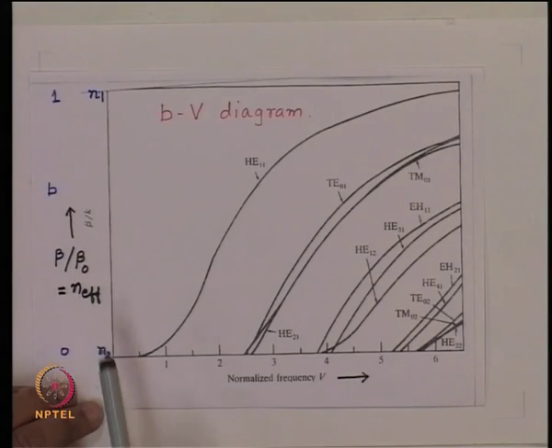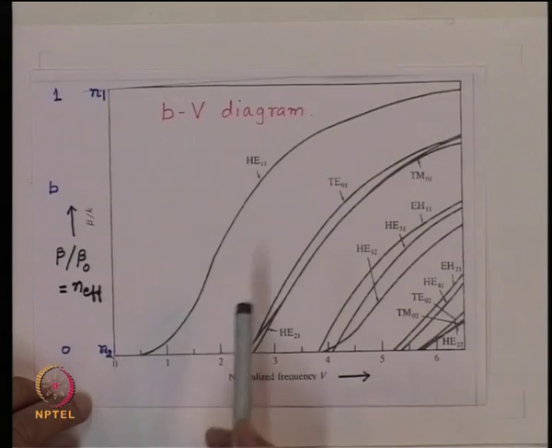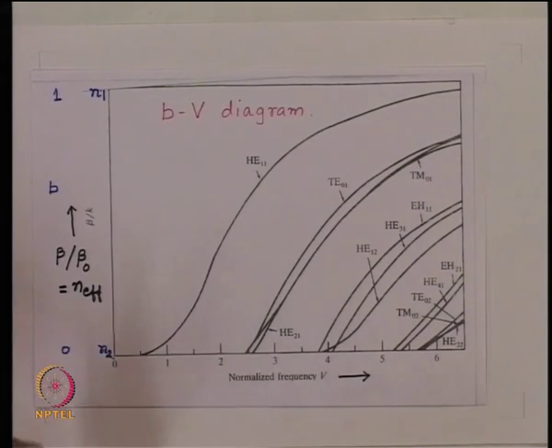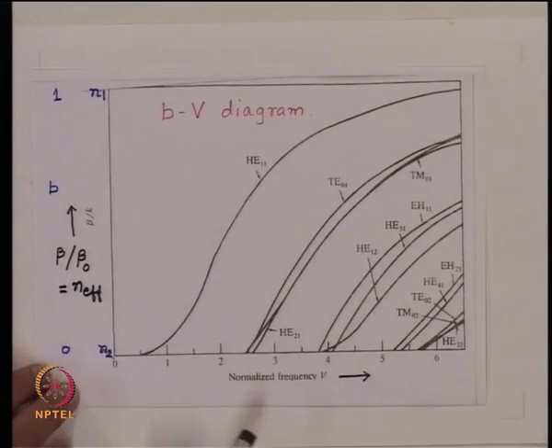We also argued that if I look at this quantity beta, or N effective, if N effective is very close to N2, that means there is more energy lying inside the cladding, whereas if N effective approaches N1, then the energy gets more and more confined to the core.